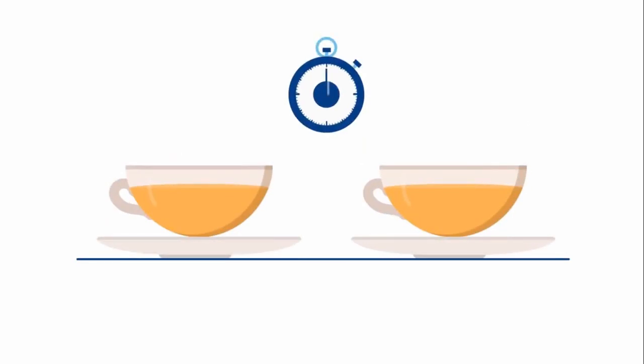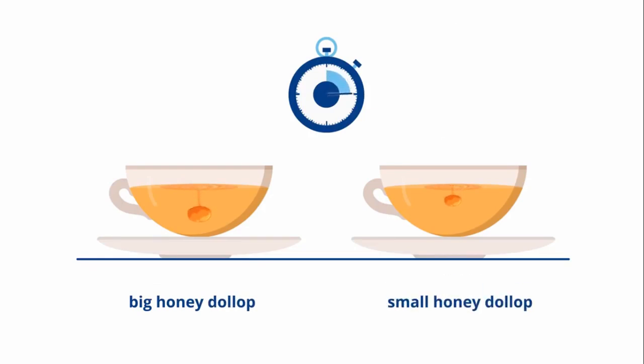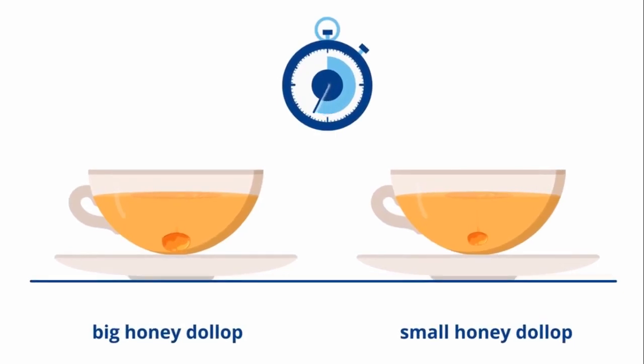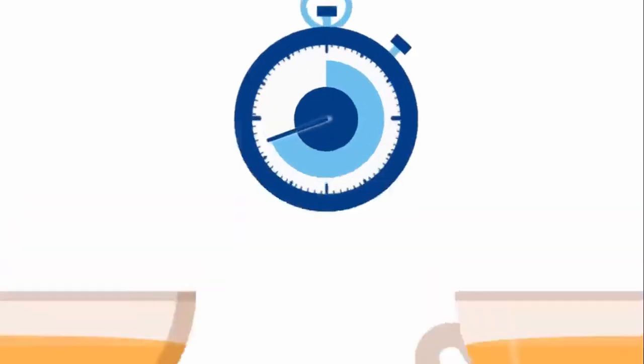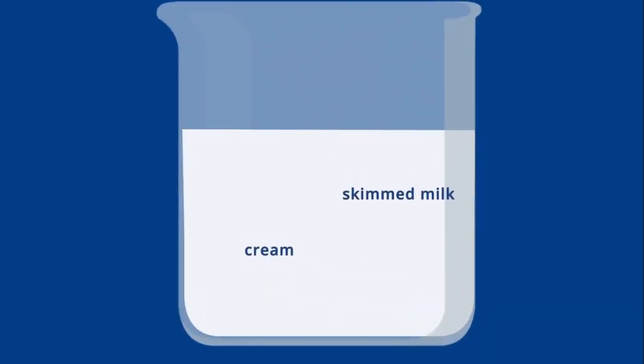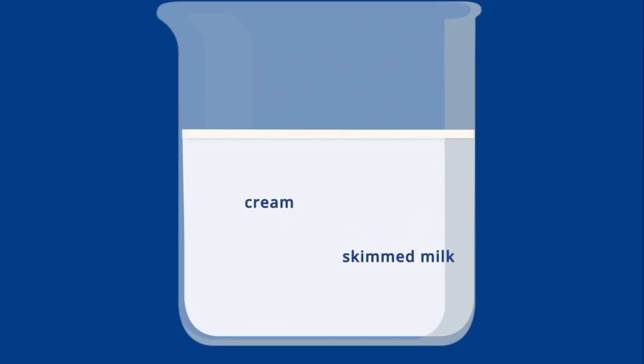How quickly this happens depends on a few things. Right. Look at these dollops of honey. Their size will affect how fast they move through a liquid. A big dollop will drop to the bottom faster than a small one will. So, Mum, in the same way, when milk separates by gravity, the heavier skimmed milk is held down by gravity, while the cream, which is lighter, floats to the top.